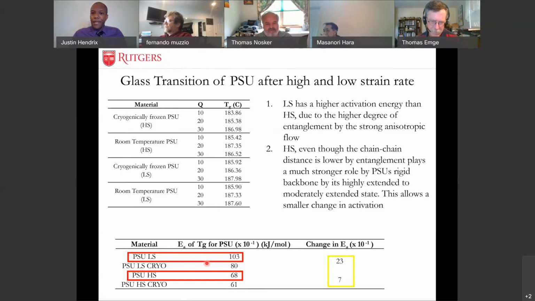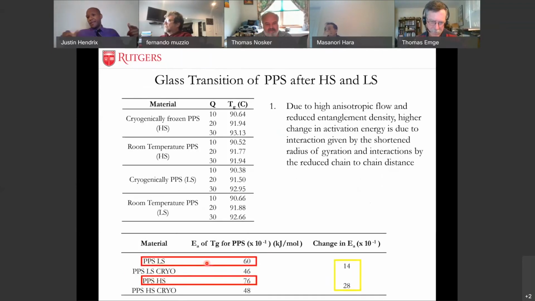Now, let's go to the next one, which I thought is interesting, and this is actually going to translate further down: for the semi-crystalline polymer, the opposite effect happens. So you know that for the molten state, you have a reduced entanglement density because the chains arrange by themselves. But since our activation energy is higher, we think that two things are going on.